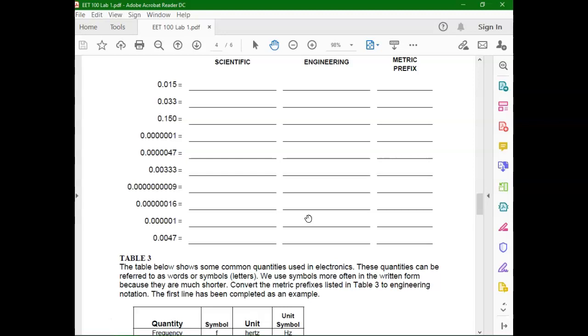Okay. So looking at the first one, that's 0.015. What is its scientific notation here? How do I put that in scientific notation?